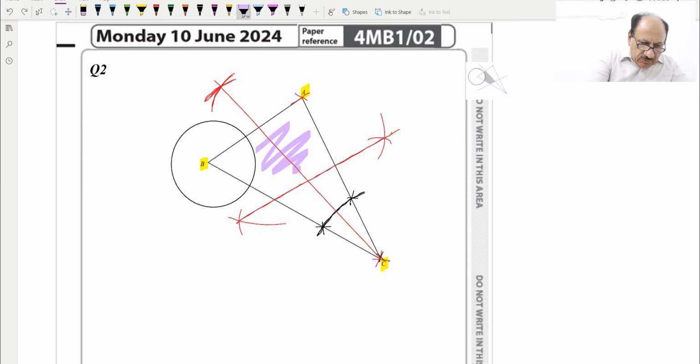So this is the first condition. So it should be closer to A than C, and closer to BC than AC, and more than 3 centimeters. So we'll have to shade this area, so it should be more than 3 centimeters.